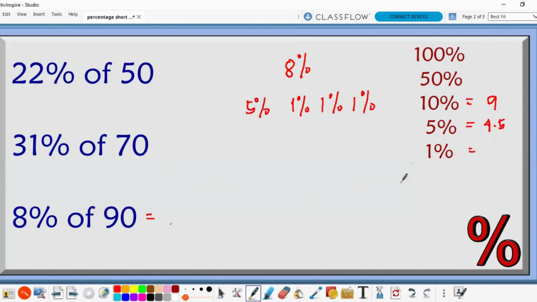And 1% of 90 will become 0.9. So we have 4.5 plus 0.9 plus 0.9 plus 0.9. So there are 3 0.9s there. So 9, 18, 27 plus 5, 32. Carry 3, so that is 7.2. So 8% of 90 is 7.2.